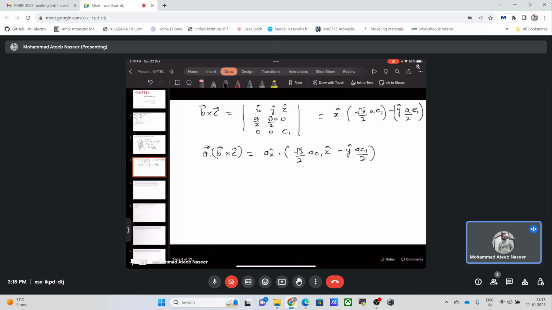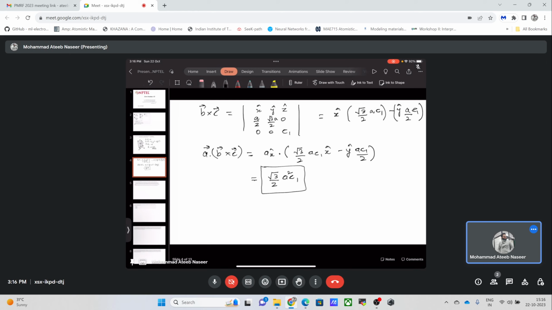When I do the dot product, the product between the x and y unit vectors will be 0 since they are perpendicular to each other, and between x and x it will be simply 1. So we are left with root 3 by 2 a times c1, and a times a gives a square. So this is our a dot b cross c.